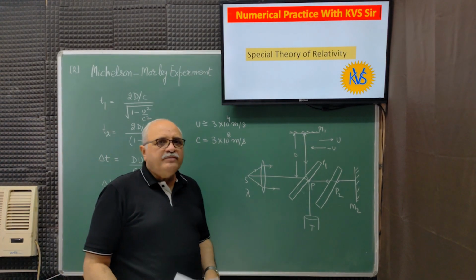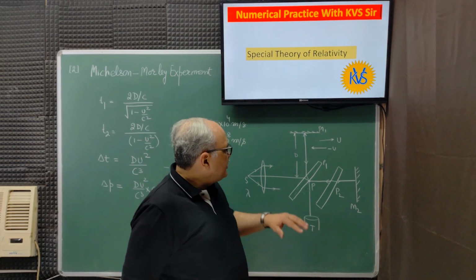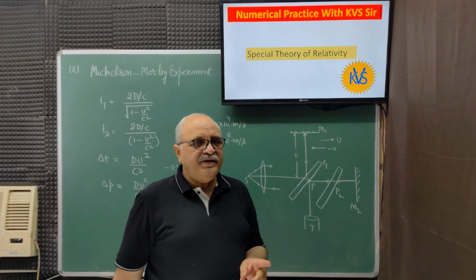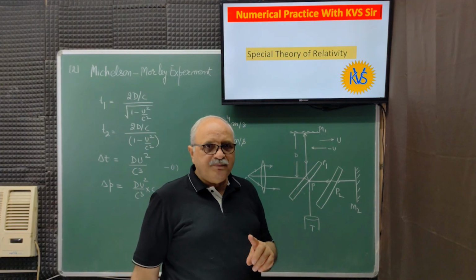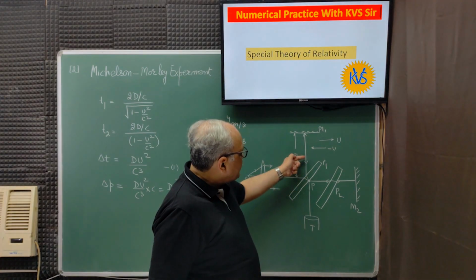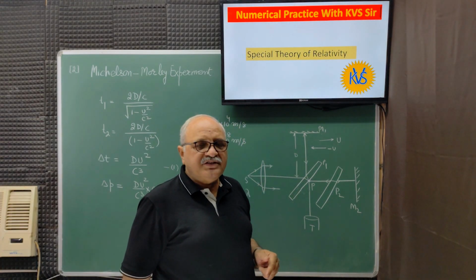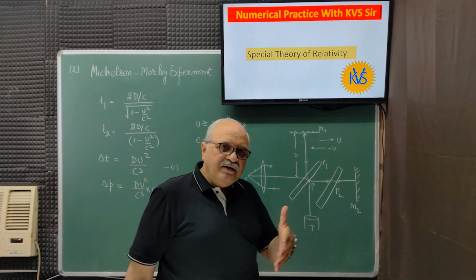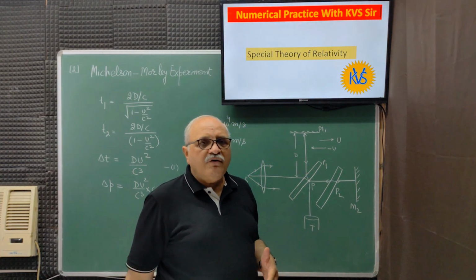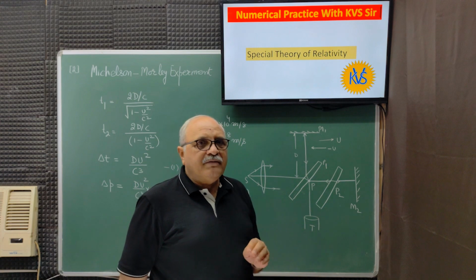Now what Michelson and Morley did, they rotated the whole setup by 90 degrees. What happens because of this? The light which was traveling perpendicular to the flow of the luminiferous ether will now start going in the parallel direction, and the one which was going in the parallel direction will now start going in the perpendicular direction.